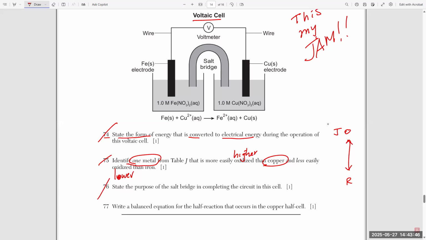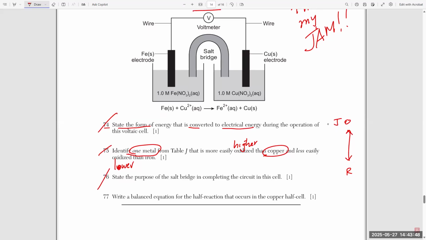77. Write a balanced equation for the half reaction that occurs at the copper half cell. Let's take a look at what's going on in copper. Copper is going from here to there. So writing that out, what do you got? Cu2+ aq going to solid copper, right? So you're forming more metal, right?